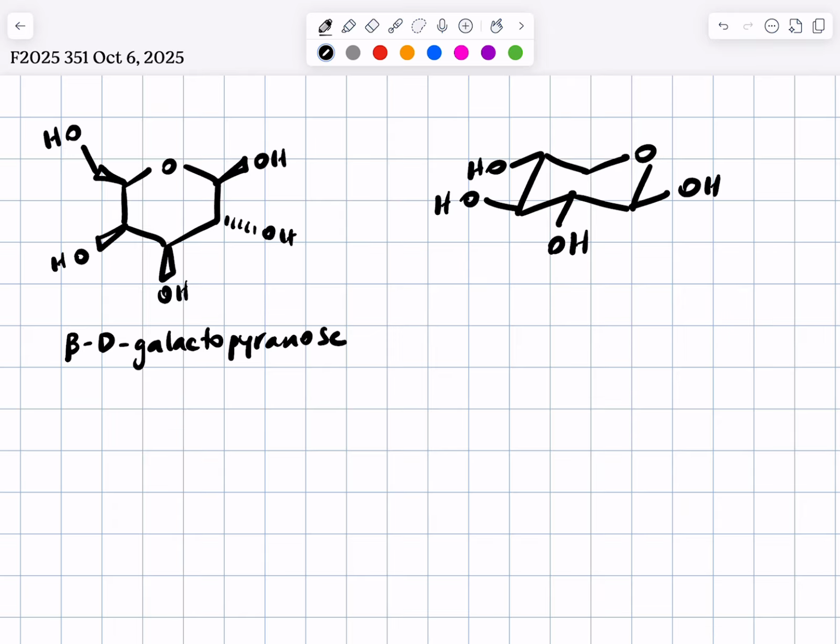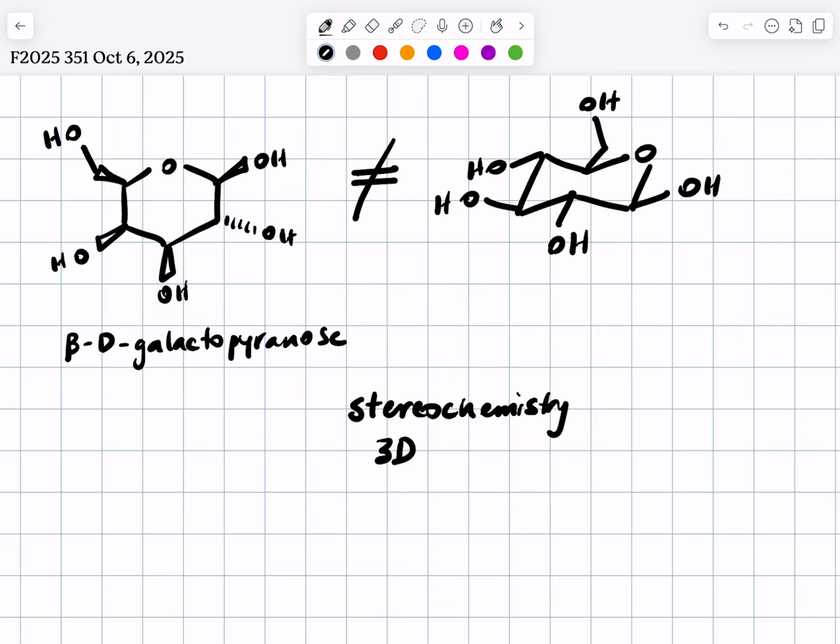So here I am going to draw, oh, this is the conformation where everything's equatorial. These are not the same. You can tell that they're not the same because they don't have the right, what I'm going to call stereochemistry. Stereochemistry is related to 3-dimensional shape.